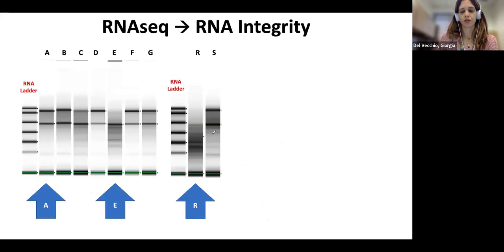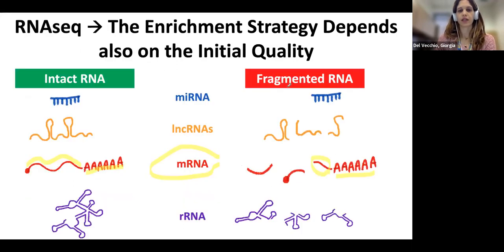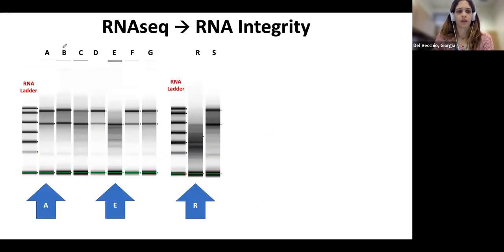So how to deal with intact or fragmented RNA. This is an image coming from the Agilent TapeStation instrument. So it's similar to running an agarose gel, but it's more accurate and sensitive.